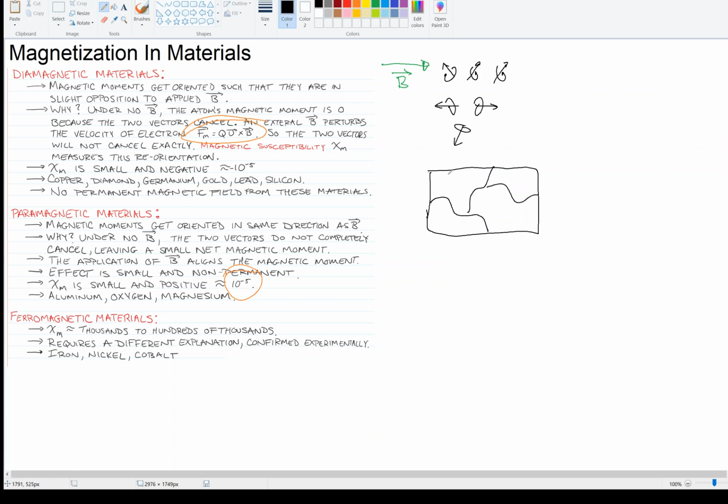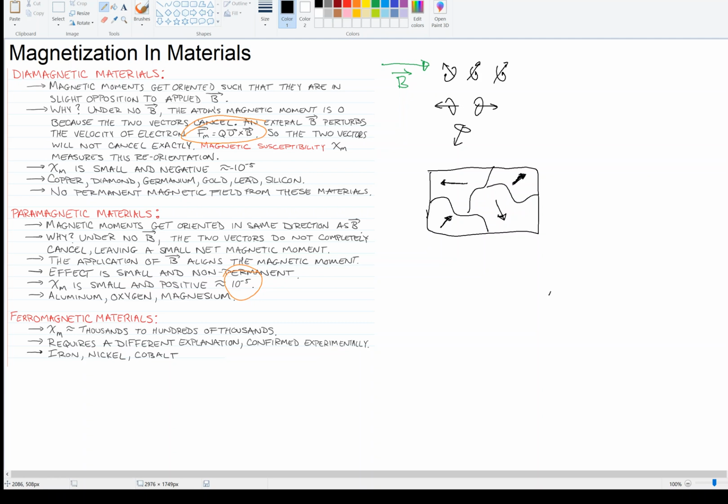So in this domain, all of the atoms might have their magnetic moments pointing in this direction. And in this domain, all of the magnetic moments might be aligned in this direction. Maybe in this domain you might have this direction, and this domain, this direction. Again, this is like 10 to the 15 atoms all with their magnetic moments pointing in that direction.